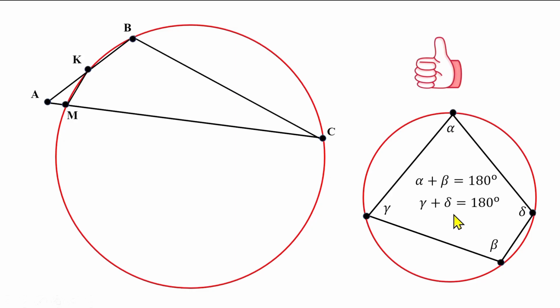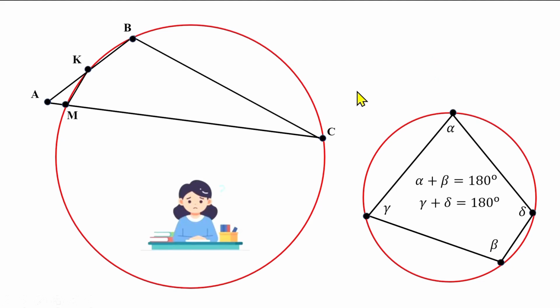Now we will apply this property to the quadrangle MABC here. First, I will consider angle B here. The opposite angle is the angle here, and the sum of them, ABC and KMC, equals 180 degrees. Now we take a look at the angle here.